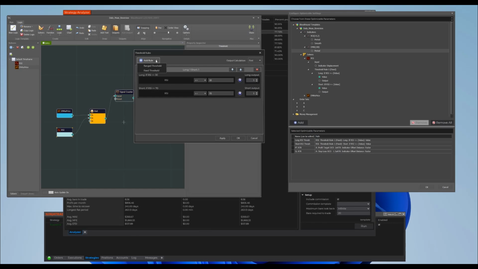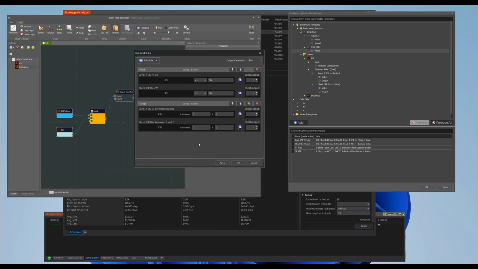If you're familiar with the threshold solvers, you can add all sorts of additional rules to this. So if I go ahead and add another rule, I'm not going to commit this, but just for illustrative purposes, if I add a second rule here, you will actually get a second threshold rule that appears down here once this is all saved.